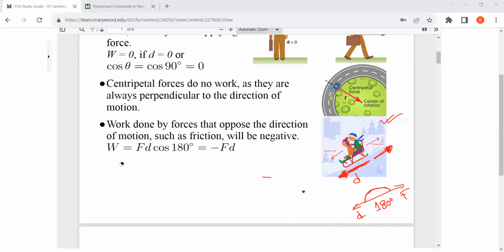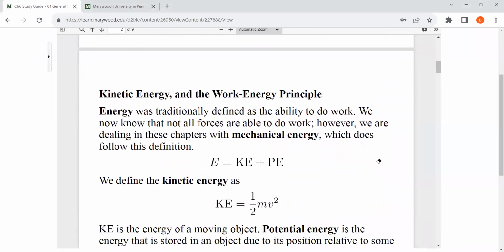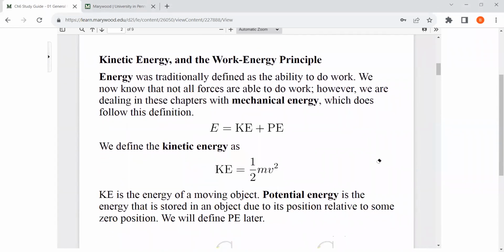Let's move on. The next thing we are going to learn is energy. First we will be learning kinetic energy. Energy has many forms. For example, I already mentioned kinetic energy. In this chapter you will also learn about potential energy, in fact different kinds of potential energy.